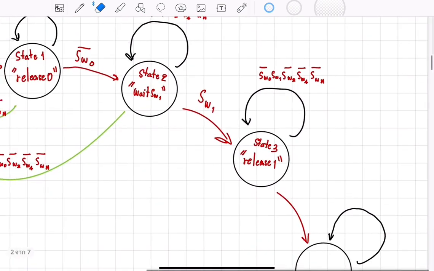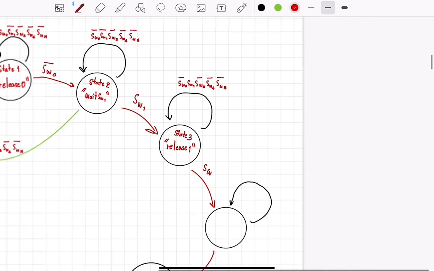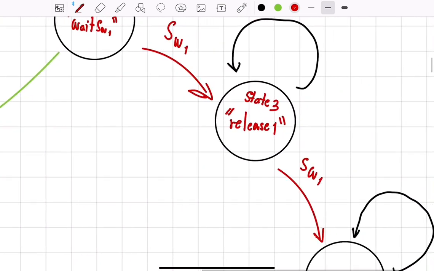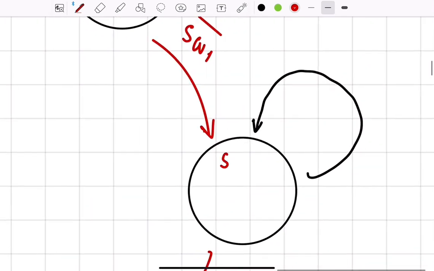That's right. And when I don't put switch 1, I go to state 4.